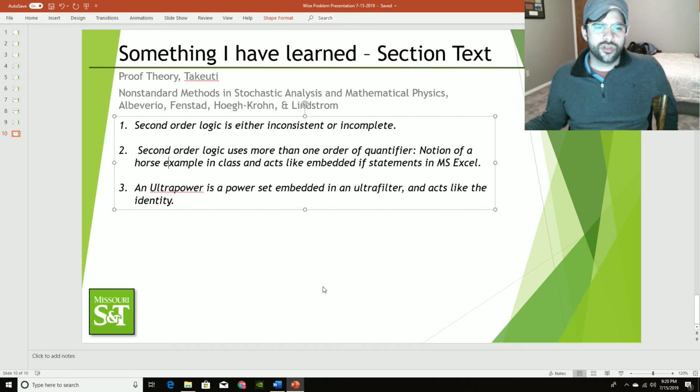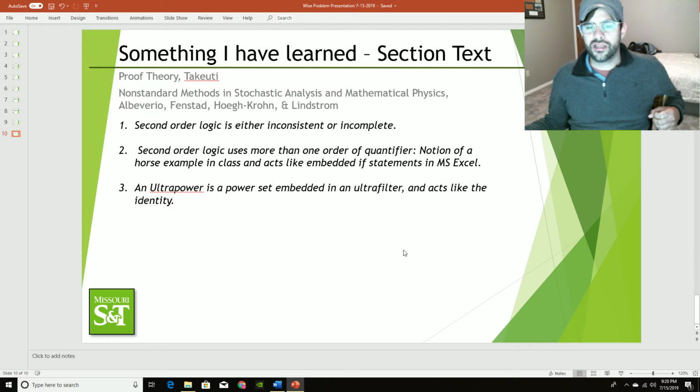Second order logic uses more than one order of quantifier, so it's like for all A's and for all X's, or for all X's and for all Y's, or for all X's there exists at least one Y or at least one Z. I think one of the examples in the book was that for all X's there exists at least one Y for all the Z's, such that X is equal to Z. So that's really the nature.